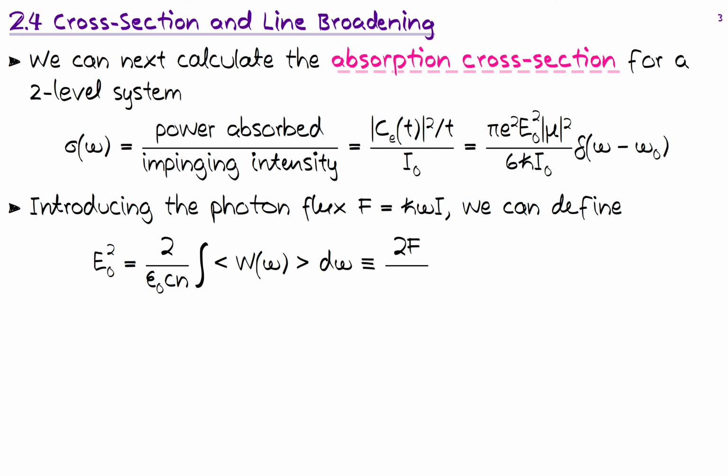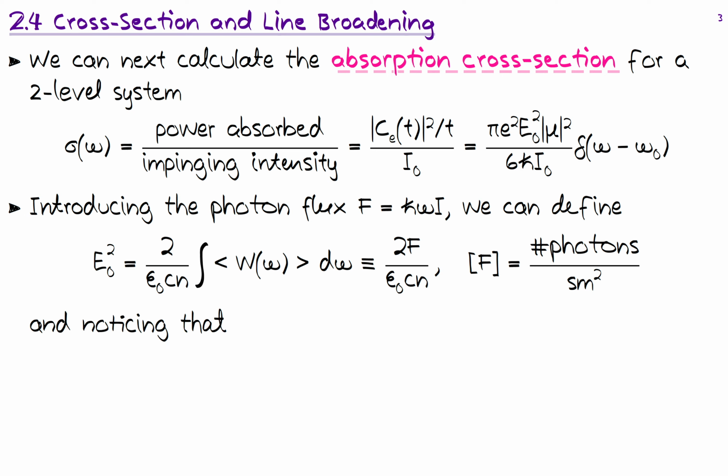This is defined as 2 times the flux divided by epsilon naught times the speed of light times n. The unit for the photon flux is the number of photons per second per square meter, so per cross-sectional area.